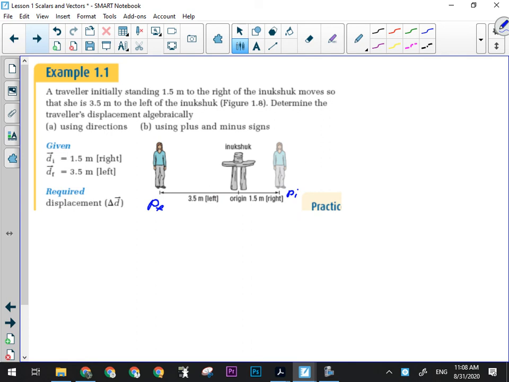So displacement is final position minus initial position. They end up left of the Inukshuk, but they started right of it. Are left and right opposites? How do I represent that mathematically? Negative and positive. So I'm going to make left negative and right positive.